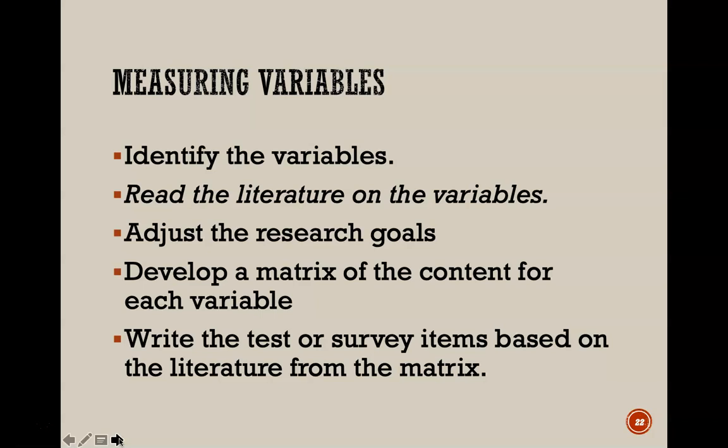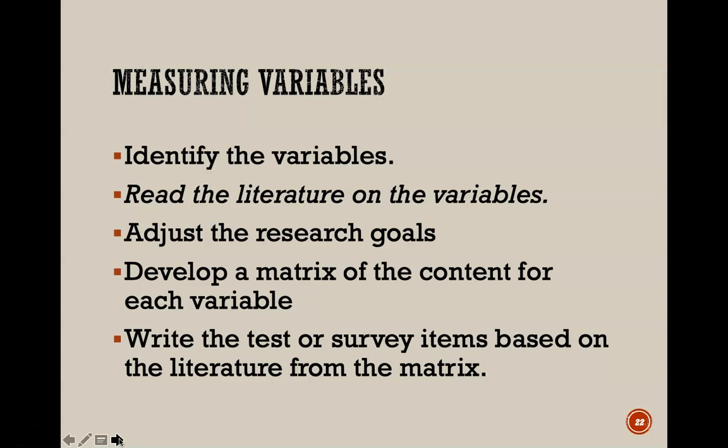So let's talk about the variables that we're going to use. We need to identify the variables that we're going to have when we do our research. And variables are those simplified portions of the complex phenomena or complex problem that you intend to study.